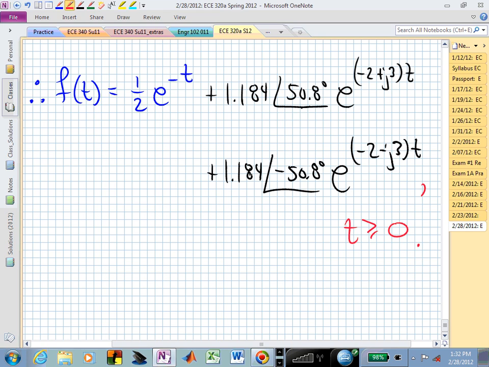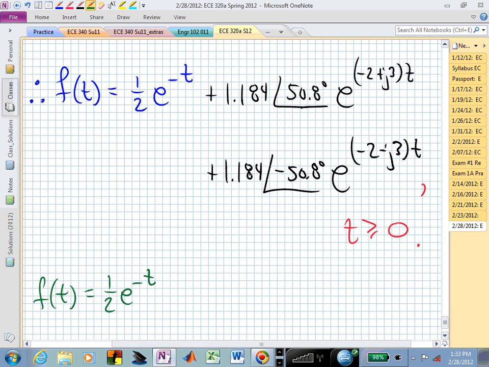Now what I want to do is I hope you believed the discussion that this should give us exponentially damped sines and cosines. Right now that's not explicitly showing itself, but it really is with those complex exponentials appearing. But we also have these phasors floating around, but how else could we write those phasors? Let me rewrite this. I now can say f of t is equal to 1/2 e to the minus t.